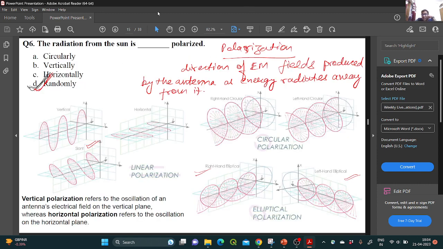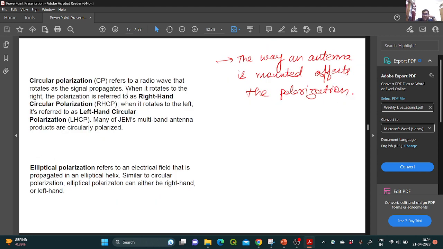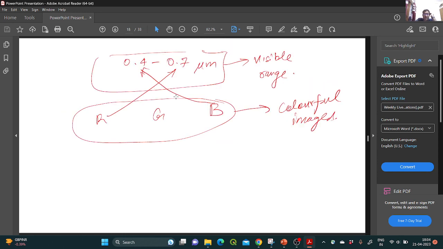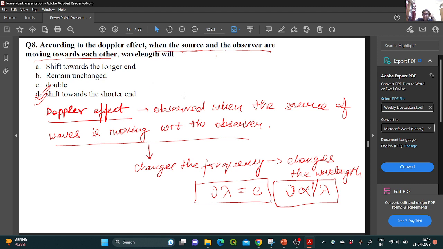Then we learned a bit about polarizations, how different kinds of polarizations affect remote sensing. We also discussed how and when two waves would be coherent. We learned a bit about the Doppler effect. Some detailed numerical questions would be discussed in the later weekly live sessions related to it.